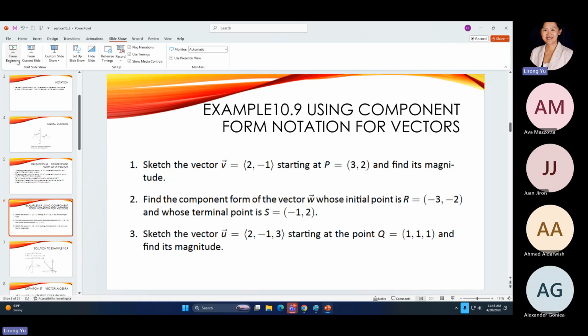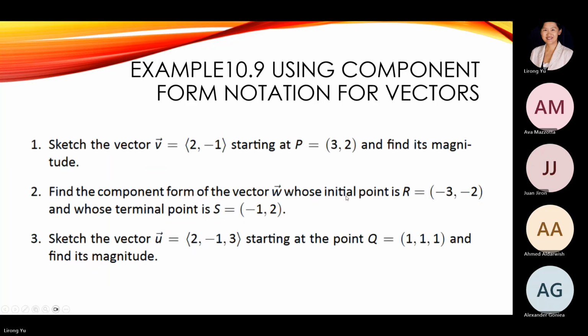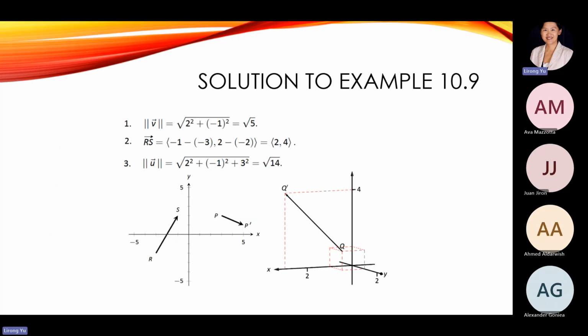So this is what we have, and then we can see what the textbook solution is. Right, so this is the solution for 1, 2, 3. The answer for 1 is √5, but the magnitude answer for 2 is actually 2, 4. I don't know if it's required to draw that. This is the answer for number 3. So that was Q at (1,1,1), and this stands out a lot more. It actually puts the x-axis and the other axes in a two-dimensional view.